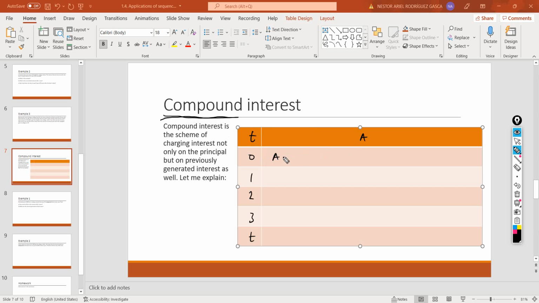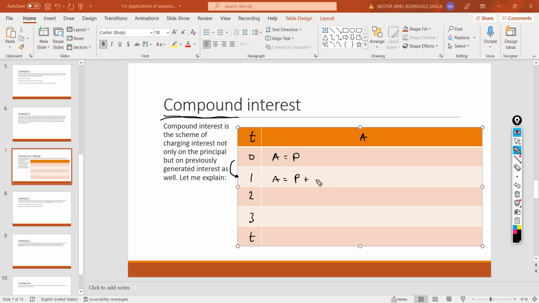The accumulated amount at time 0 will obviously be the principal, right? Which is when the loan takes place. Then 1 year goes by and the accumulated amount is going to be what you had previously, which is P, the principal, plus the generated interest from year 0 to year 1.